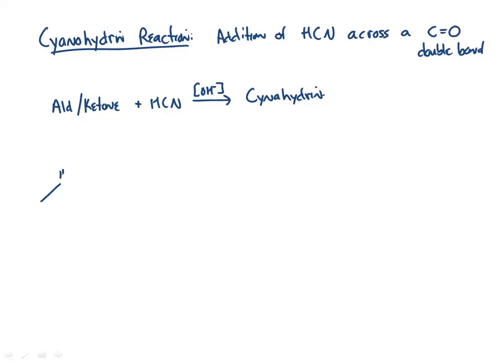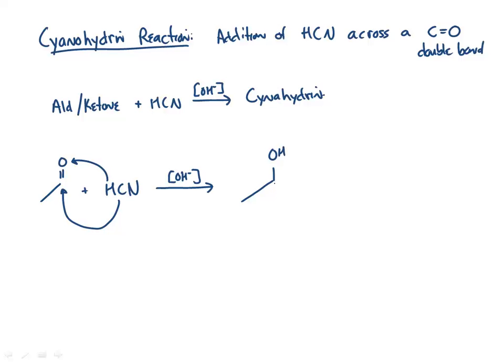So take Jay's favorite aldehyde plus HCN. Oh, I keep forgetting to throw the H in there. And then remember, I'm breaking apart this at the H and the CN part. The H goes there, the carbon goes over here, and I get something that looks like this.